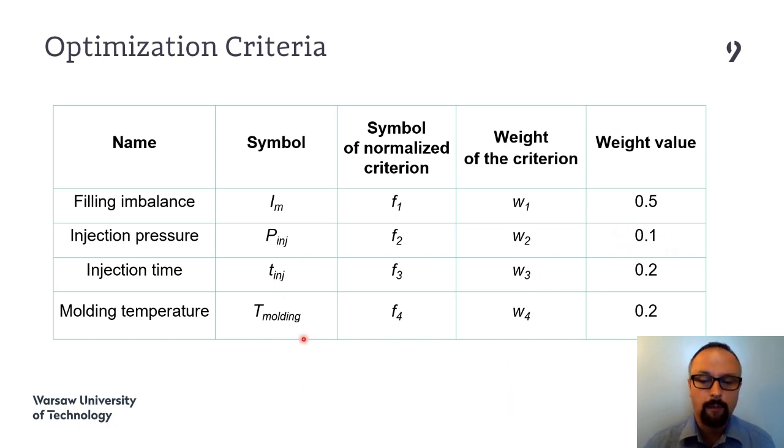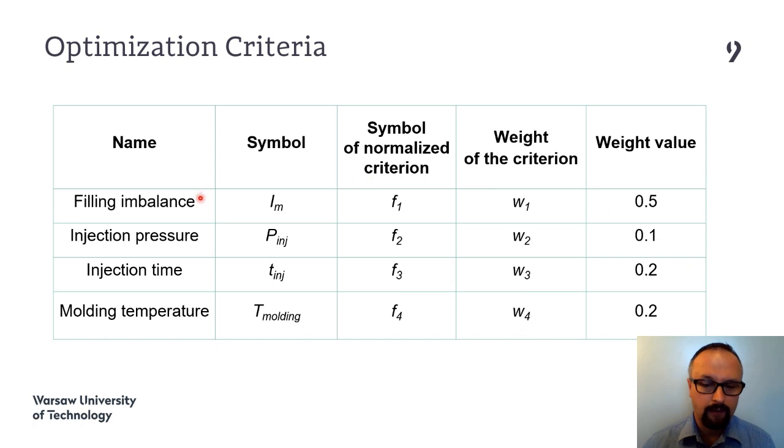And of course injection time, which affects our whole cycle time of our process, and the temperature of our part. In this case, it's perhaps just a single measurement, a temperature of a single point on the surface of our part, and in this case it has a weight of 0.2.